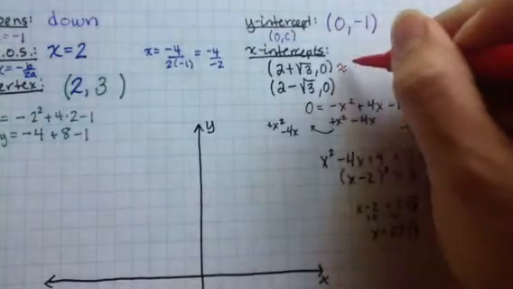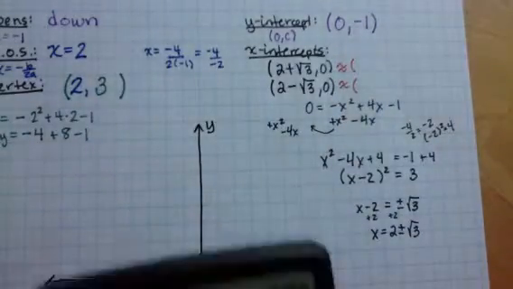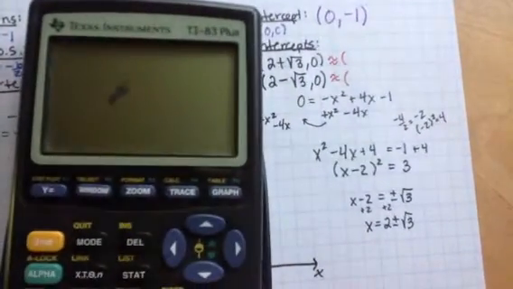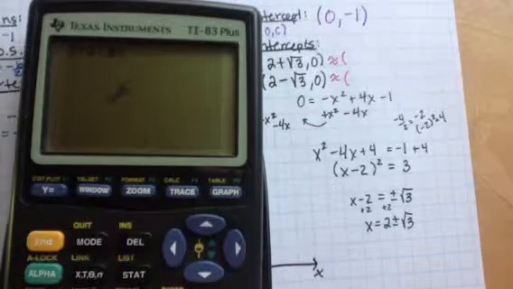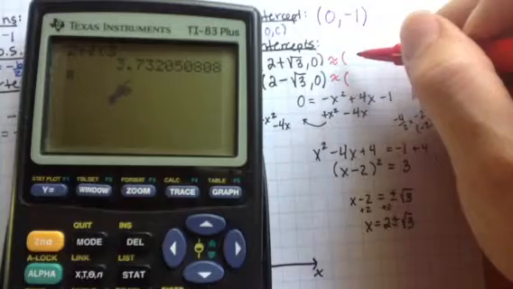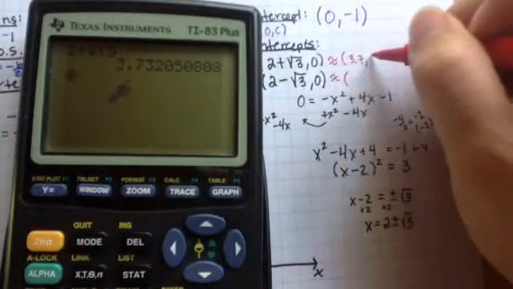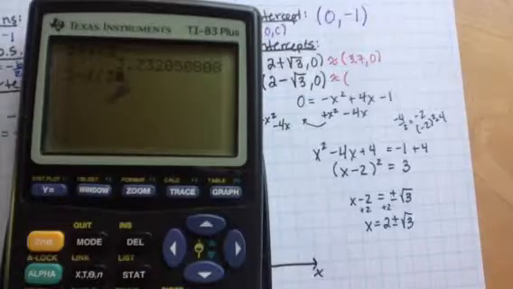So I'm going to use the approximate symbol here, and I'm going to use my calculator to figure out that 2 plus the square root of 3 is approximately 3.7. I'm not going to graph any more accurately than that, so I'll just say 3.7, and then I also need to do 2 minus the square root of 3.